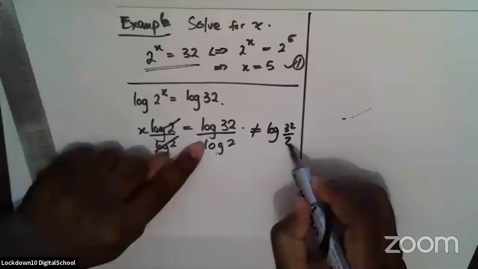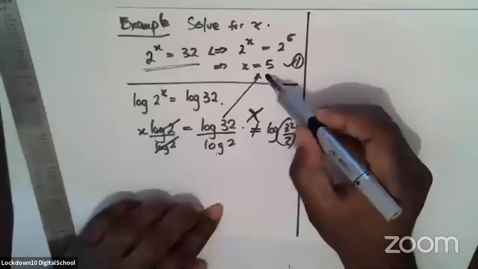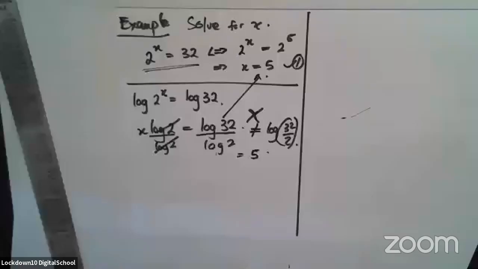It is not similar. So if you want, go on your calculator and punch in log 32, then you put over, or you can actually say log 32 divided by log 2. See, does it give you a 5? Yes, it will give you a 5.